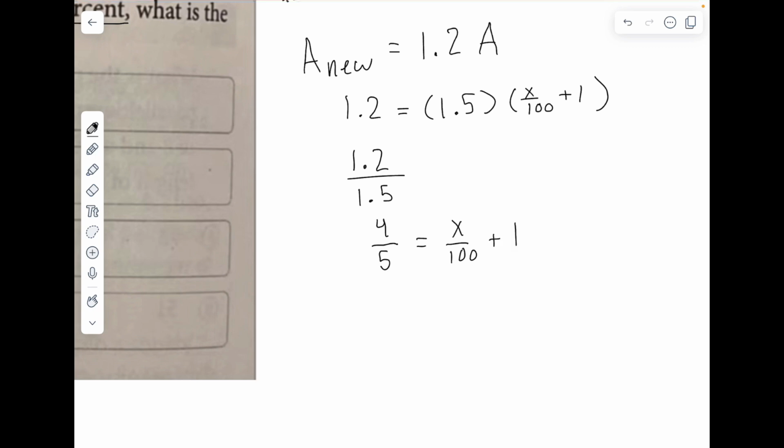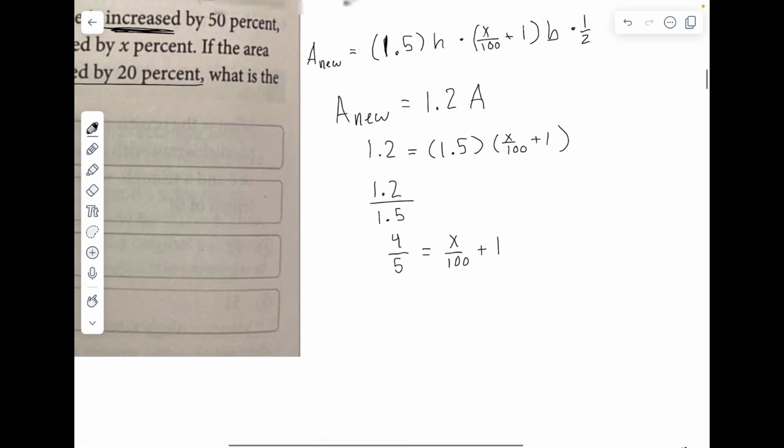I simplified the 1.2 over 1.5, brought everything down, and then we'll subtract, and then times by 100.